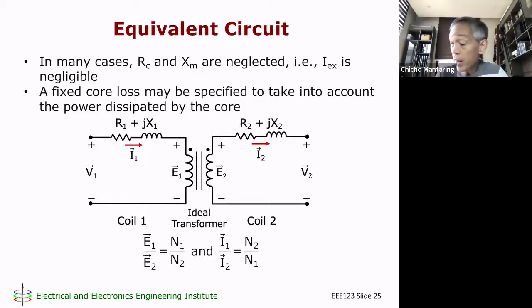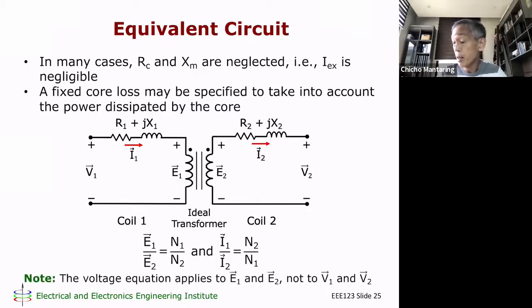Now, with respect to the ideal transformer, E1 over E2 is equal to N1 over N2, and I1 over I2 is equal to N2 over N1. That's with respect to this center part. Okay, so the voltage equation applies to E1 and E2, not to V1 and V2.